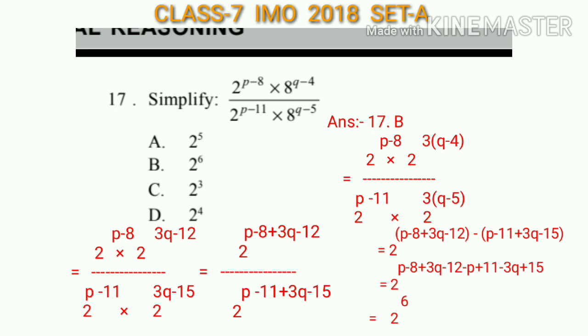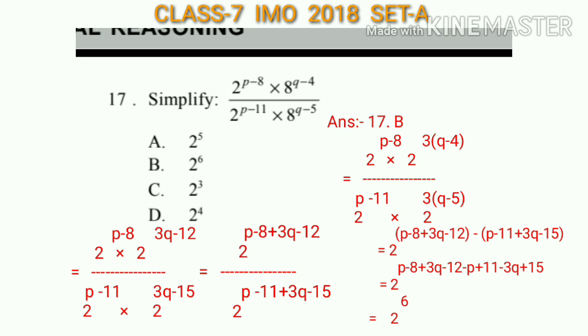We can write 8 as 2 to the power 3, that is 2 multiplied by 2 is 4 multiplied by 2 is 8. So we can write it as 2 to the power 3 multiplied by q minus 4. Similarly, in the denominator, 2 to the power p minus 11 multiplied by 2 to the power 3 into q minus 5.